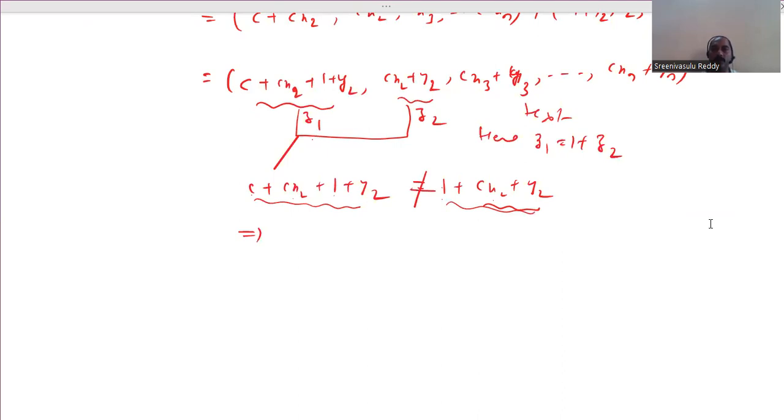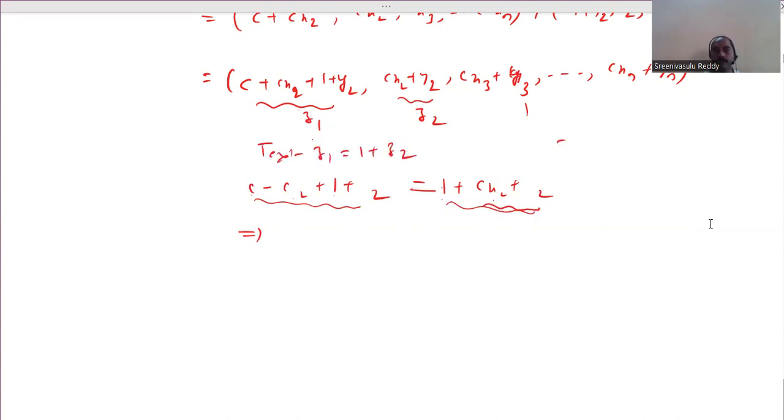Test whether z1 equals 1 plus z2 or not.